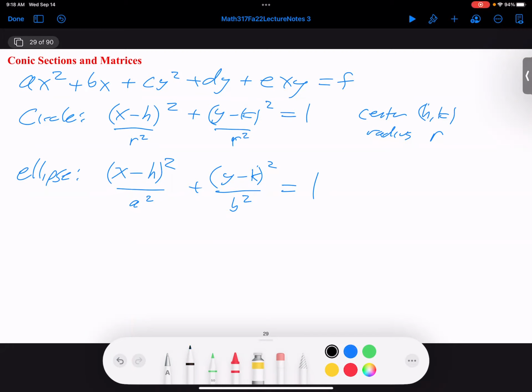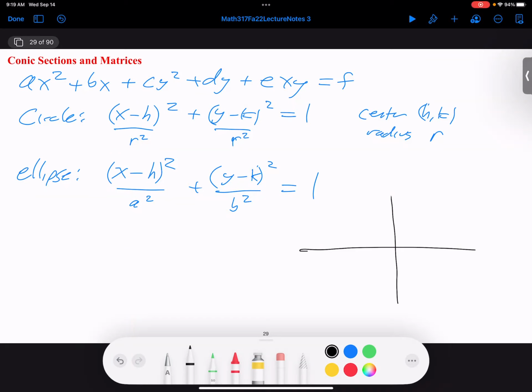Depending on what book you use, sometimes there is a difference between a and b. A lot of books like to use a as the larger of the two. So this would be the equation of an ellipse where the semi-major or the major axis is along the x.